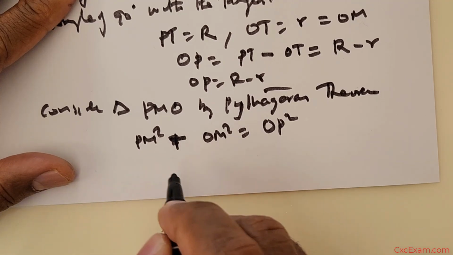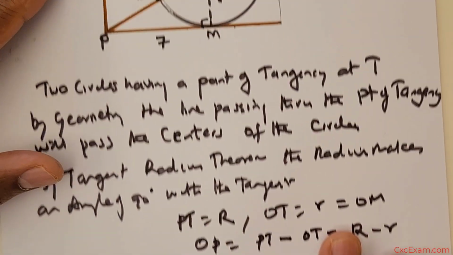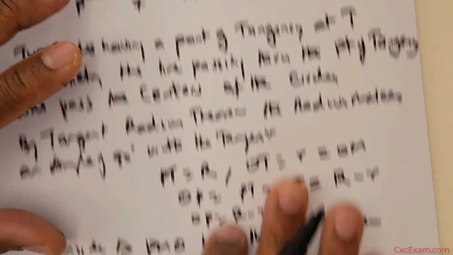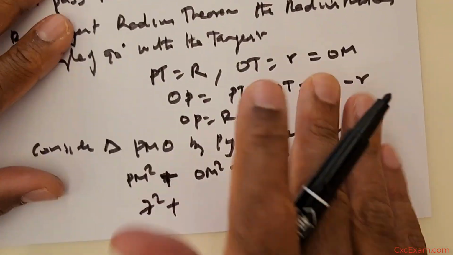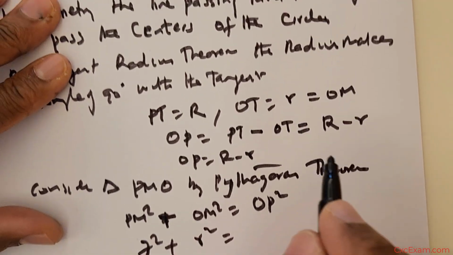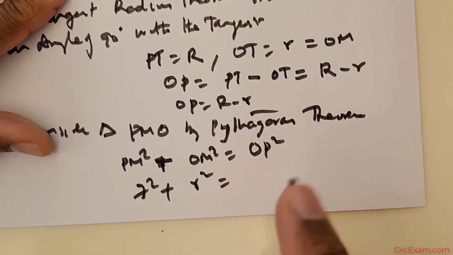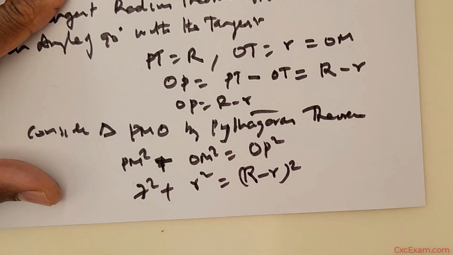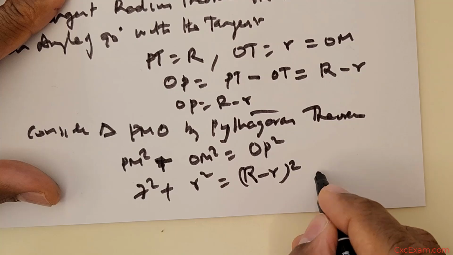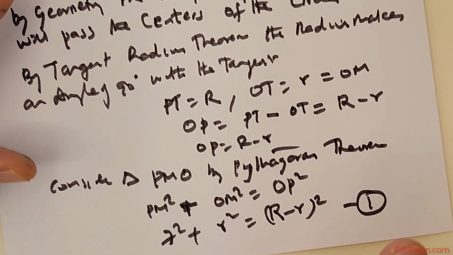So PM squared is what? 7 squared plus OM squared is r squared, is equal to OP squared, which is (R minus r) squared. So this is what we have got. So I'll take this as equation 1.